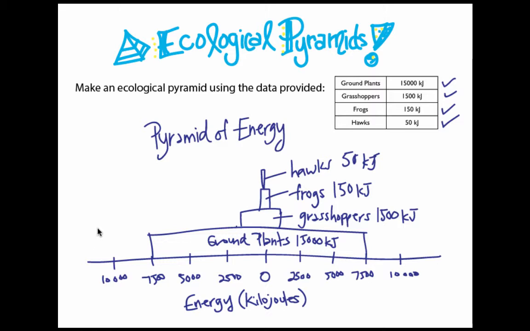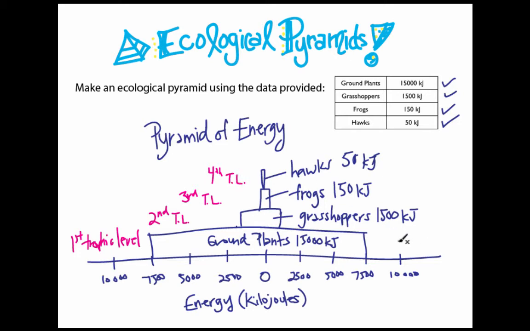Now the next thing you need to do in order to get the full marks for this is fully label your ecological pyramid. This here is your first trophic level. Here we've got our second trophic level, followed by the third trophic level, followed by your fourth trophic level.